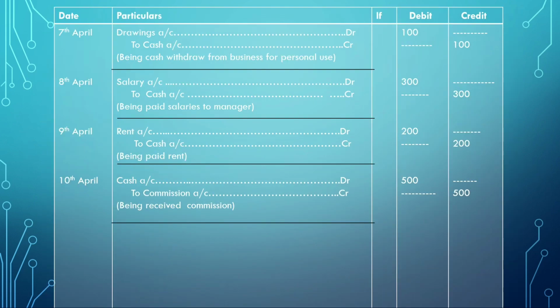The next item: we completed drawings, cash and salaries and cash. We'll go with capital. Sorry, we will go with rent. Rent account is a debit. So rent is the 11th account. It happened on 9th April.